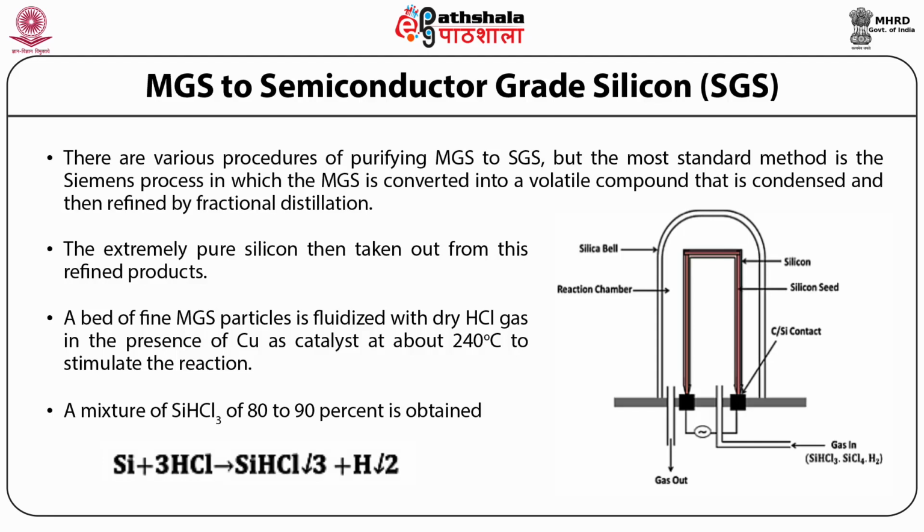The gases emitted pass through a condenser and are condensed. The resulting liquid is subjected to multiple fractional distillations to produce SGS grade SiHCl3. This is the source material for the silicon semiconductor industries.